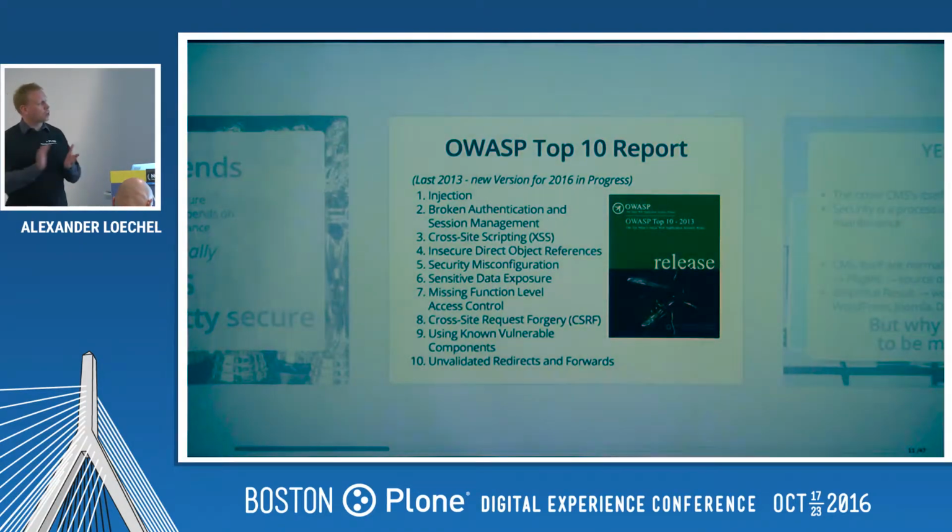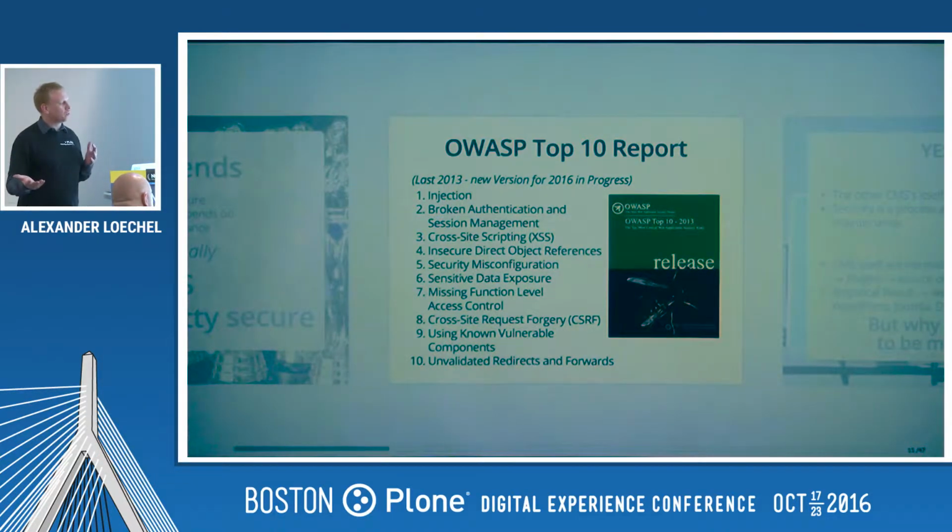So the top 10 OWASP report, the last one is from 2013, names injection, broken authentication and session management, cross-site scripting, insecure direct object reference, security misconfiguration, sensitive data exposure, missing function level access control, cross-site request forgery, using known vulnerable components and unvalidated redirects and forwards as the 10 major vulnerabilities in the web at the moment.